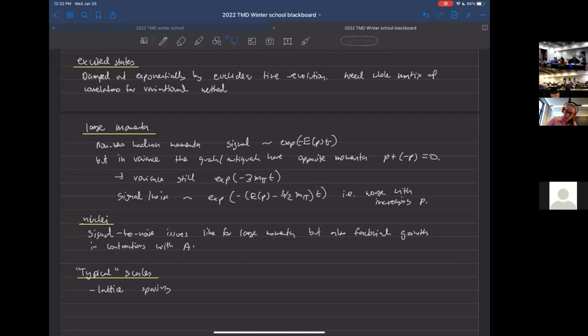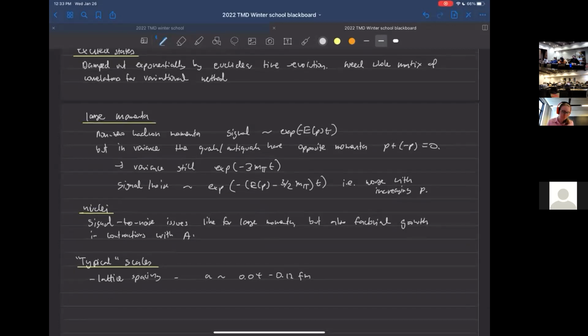So I'm going to say that lattice spacings, and there are other lattice people in the room who might have objections or contributions that are very welcome, but I'm going to say typical lattice spacings at the moment are somewhere around 0.04 to 0.12 Fermi. Of course, now I'm putting this in physical units, which also gives you some sense of how lattice spacing compares to some physical scale, like the size of a proton.